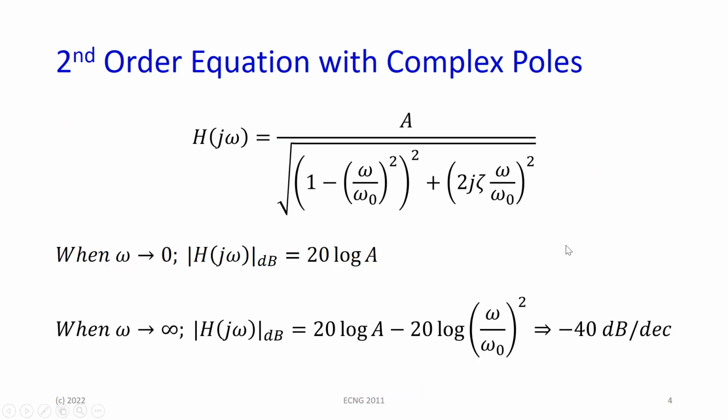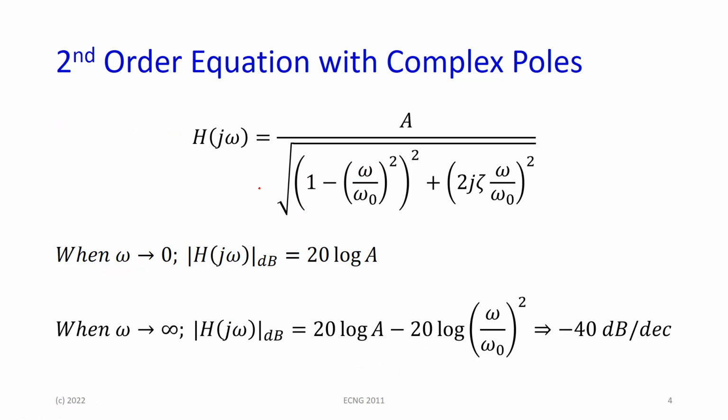So let's look at the behaviors that we're trying to ascertain in the same sort of way that we did before. When omega is much less than 0, okay, when omega is much less than 0, we have, oh, sorry, not much less than 0.